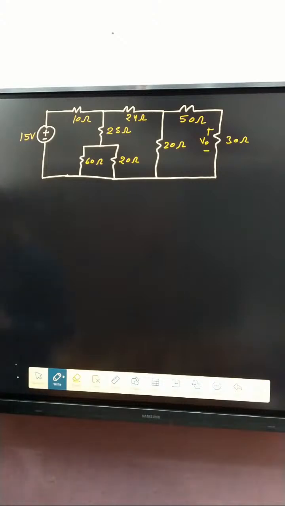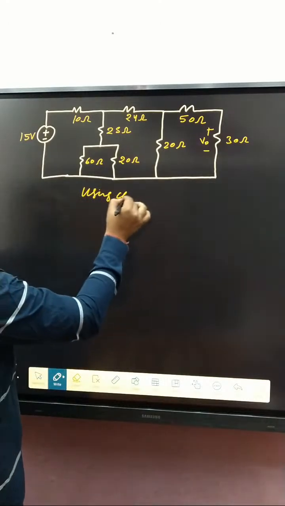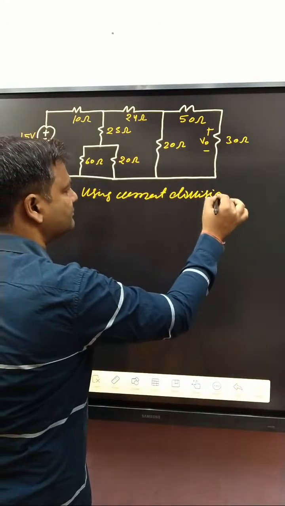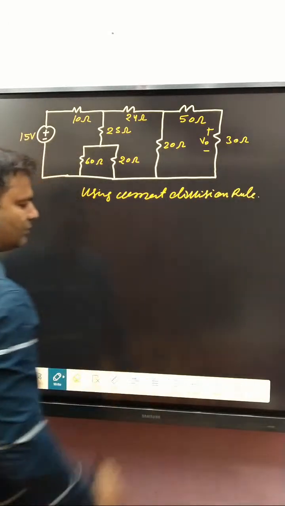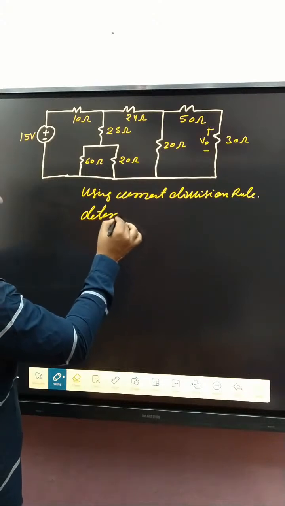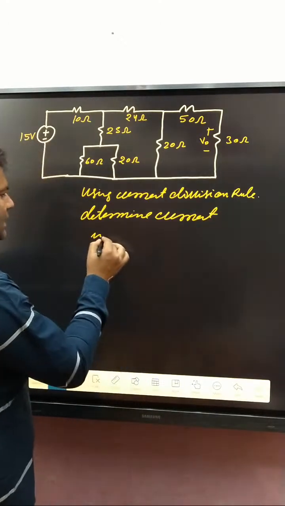Using the current division rule, determine all parameters, determine the current in all branches.